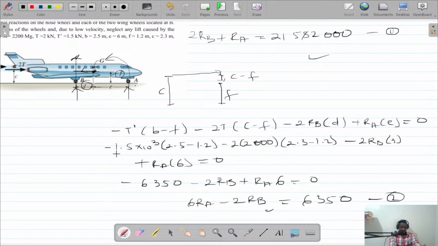Where's the equations? Okay, so I'm representing X with RE and Y with what? RB. So RE, the coefficients of RE in equation 1 is 1, RB is 2, and the C is 2158200. Wait, this number is too big.